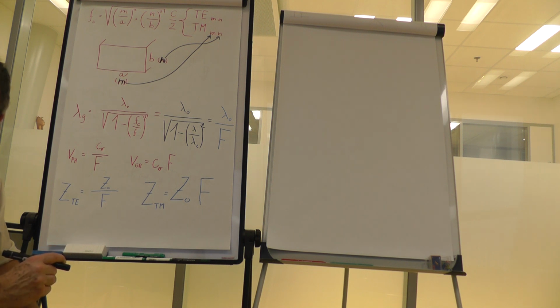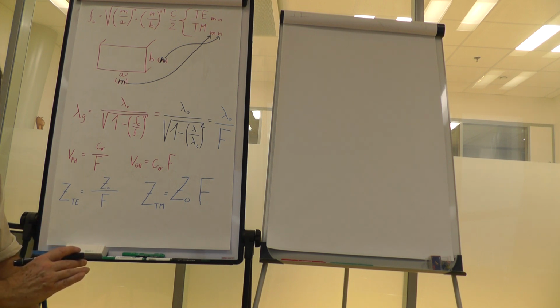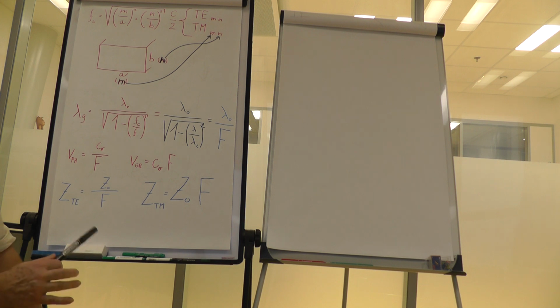It's a ratio of the electric field strength and the intensity of magnetic field belonging to the same wave. And for transverse electric waves, it is the wave impedance Z0 or eta, which is the square root of mu divided by epsilon. So for most cases it's 120 pi ohms.